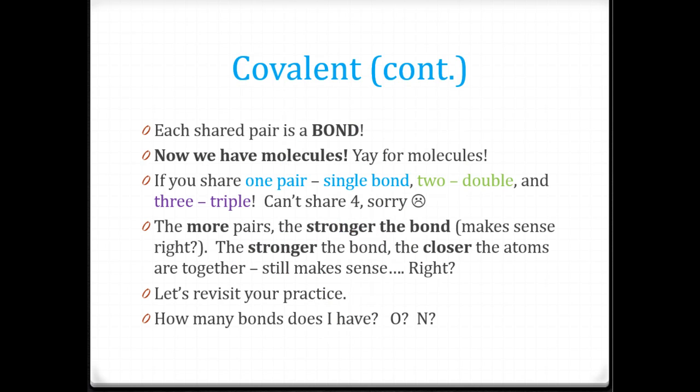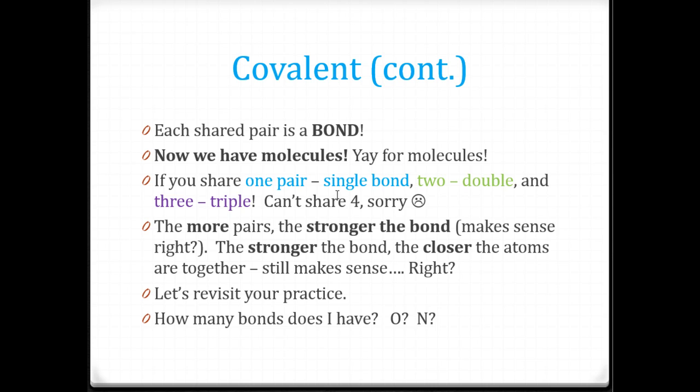So to summarize covalent bonds, each shared pair of electrons is a bond. And now we've created molecules. If you share 1 pair of electrons, you create a single bond. If you share 2, you create a double, and 3, a triple. We cannot share 4. There's no such thing as a quadruple bond.